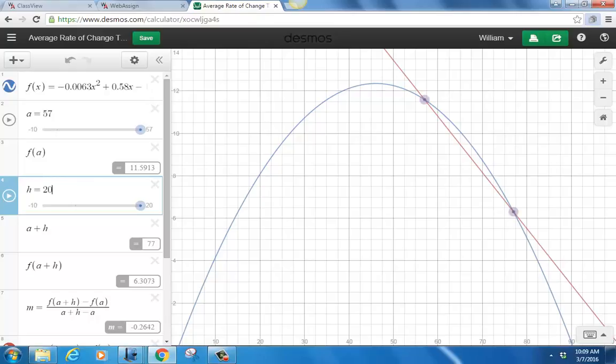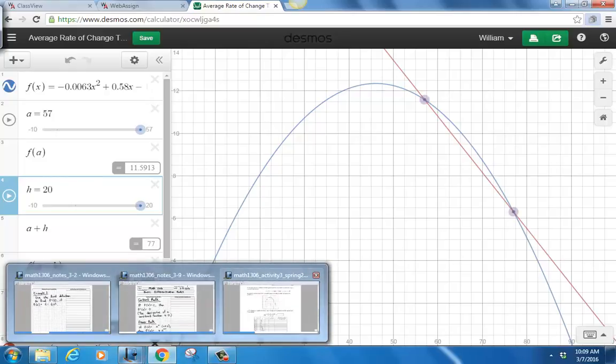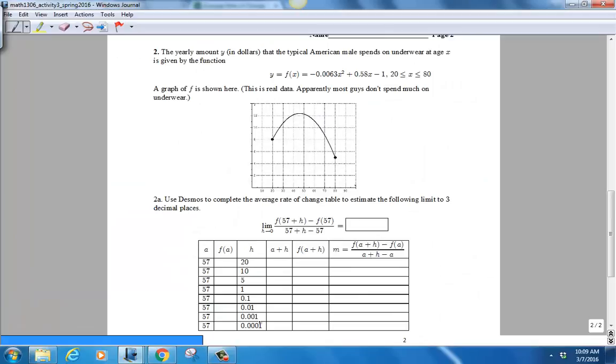If you plug 77 into the formula, you'll get 6.3073. So that's this output value here. And the slope of that secant line is the last thing that we look at here. It's minus 0.2642. If you haven't got that written down, let me fill it out here in the chart. So F of A was what? 11.59, or 11.5913.